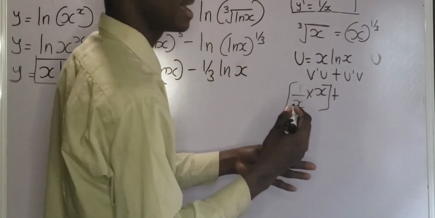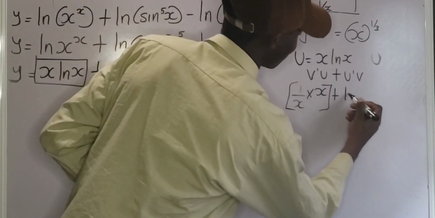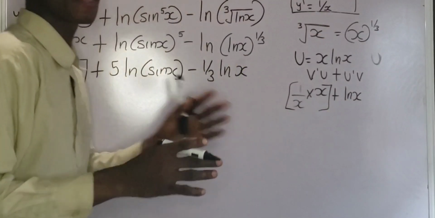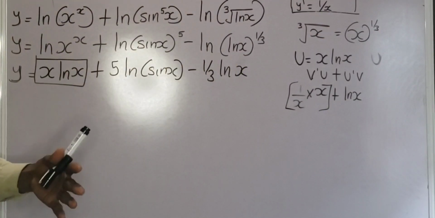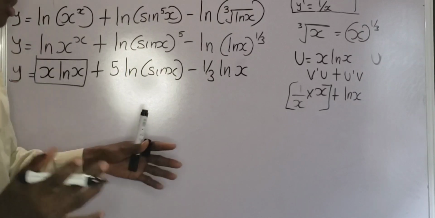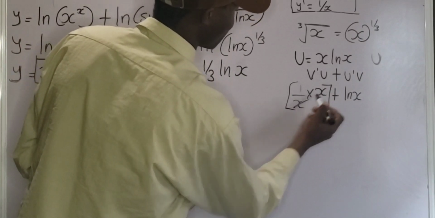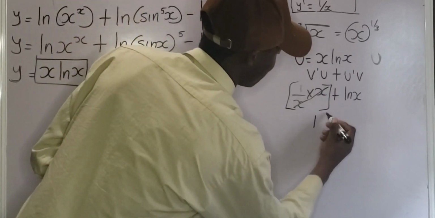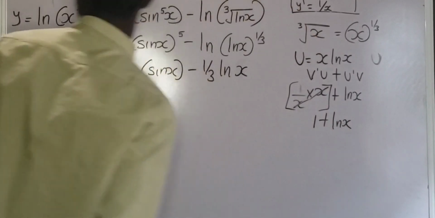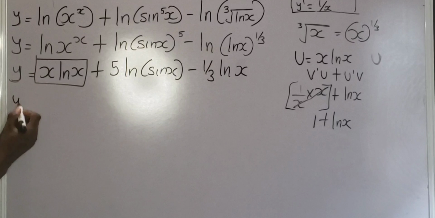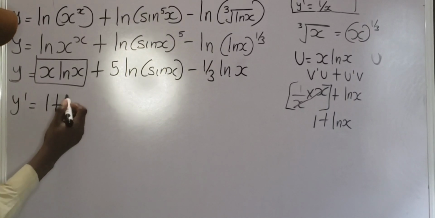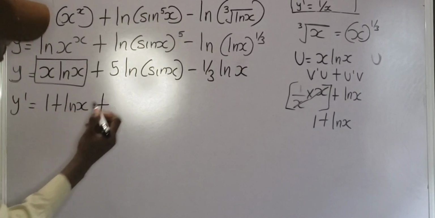So 1 multiplied by ln x is what? ln x. So I'm going to have ln x. Do you understand? If you don't understand how to differentiate using the product rule, go back to our previous class and watch the video, okay? So for this, I'm going to have 1 over x multiplied by x, that is what? 1. So I'm going to have 1 plus ln x. So I've differentiated this part. That is, the derivative of y is equal to 1 plus ln x plus, okay.